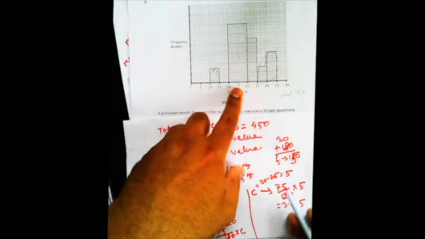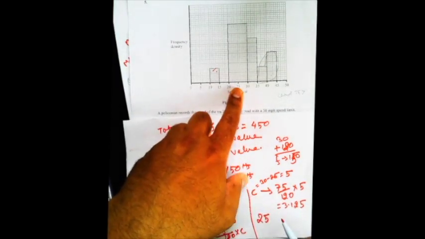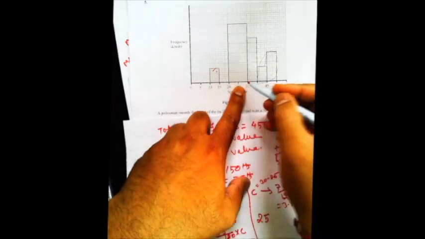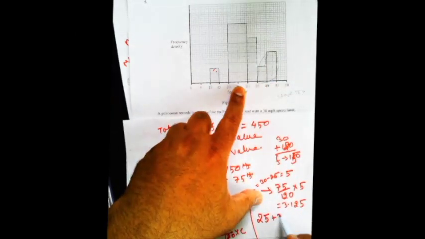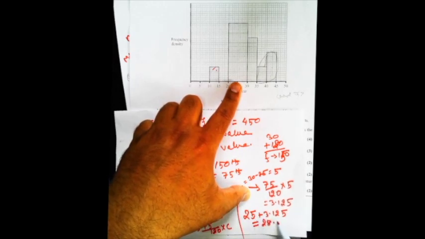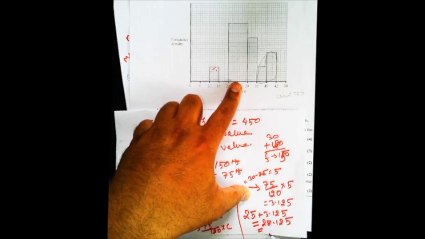So 25 is the lower value for the median, plus 3.125. So the median in this case is, if you add this value, 25 plus 3, 28.125. And if you express that to one decimal place, it is going to be 28.1.